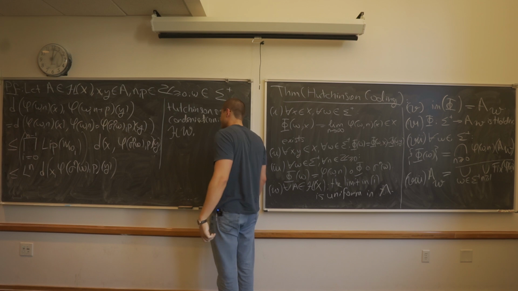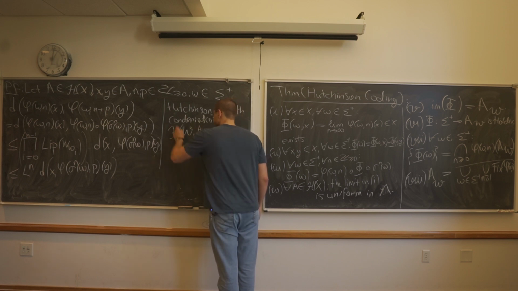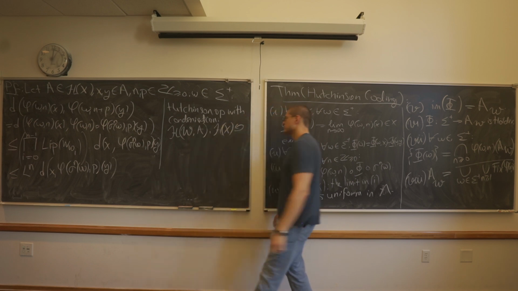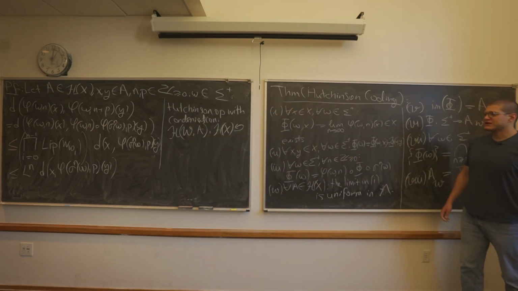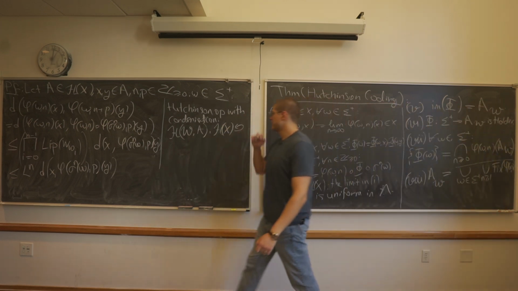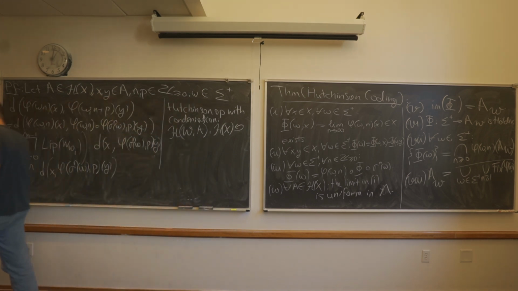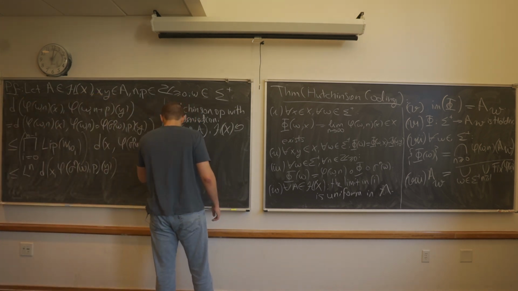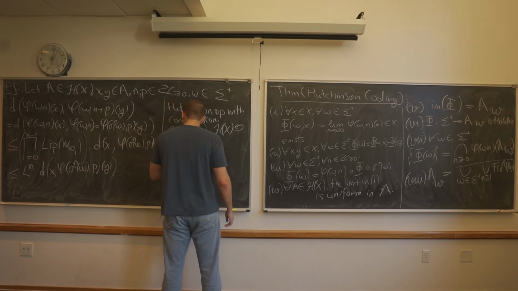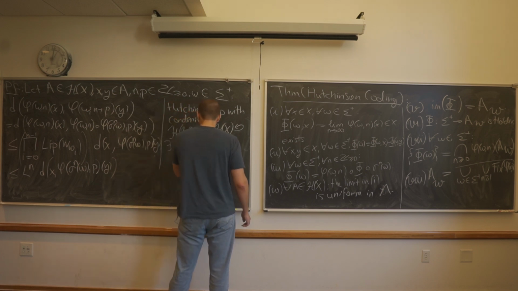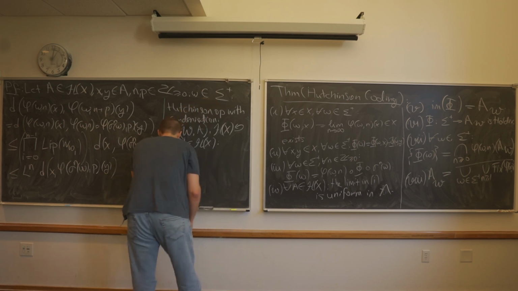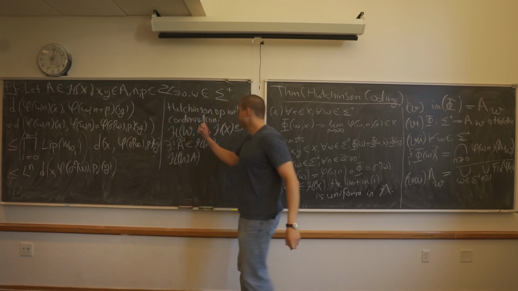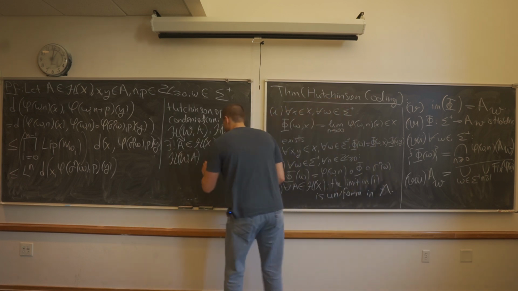Our notation for that was H of W comma A, acting on the hyperspace. I had left it as an exercise to verify that this too is a contraction, which means that it has a unique fixed point. By the Banach contraction principle, there's a unique, let's call it A tilde, in H of X, such that A tilde is the unique fixed point of this Hutchinson operator with condensation.